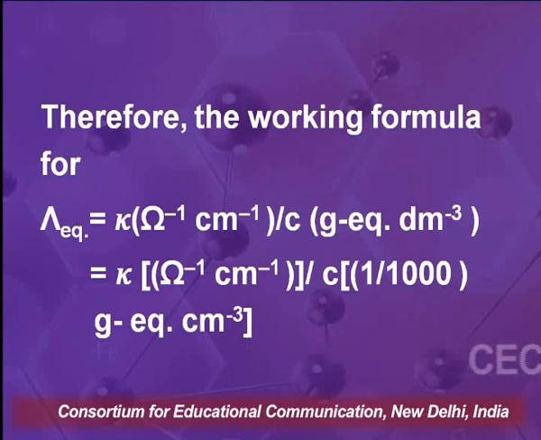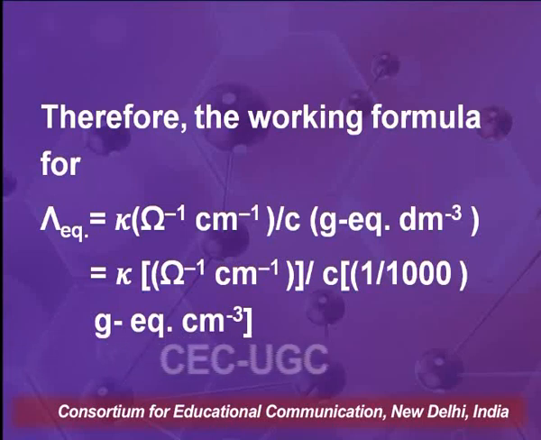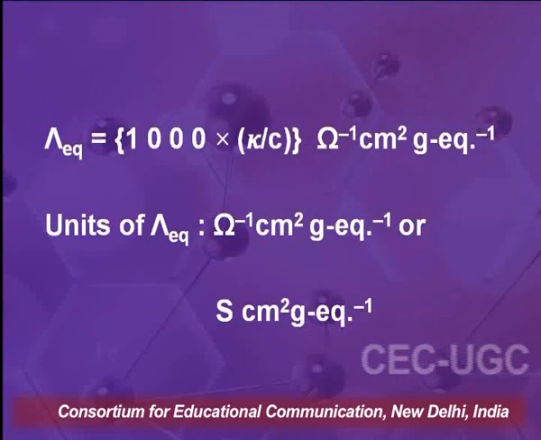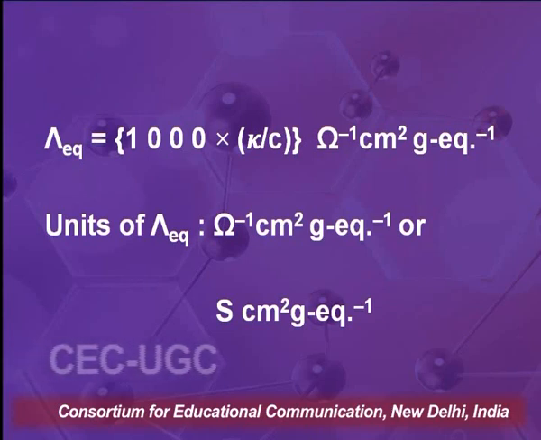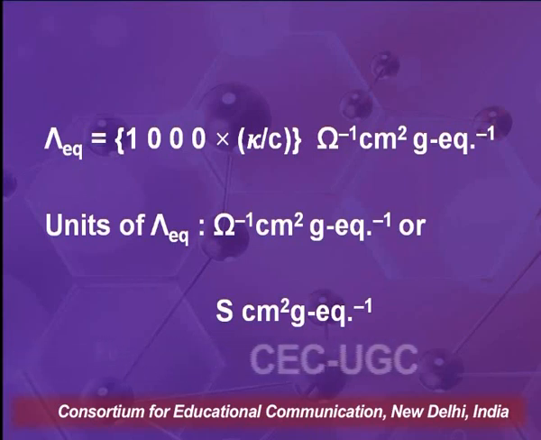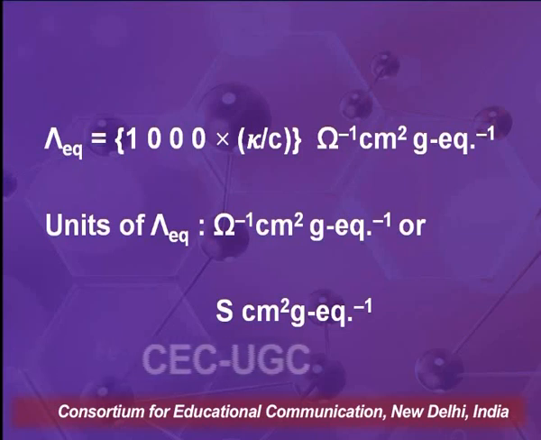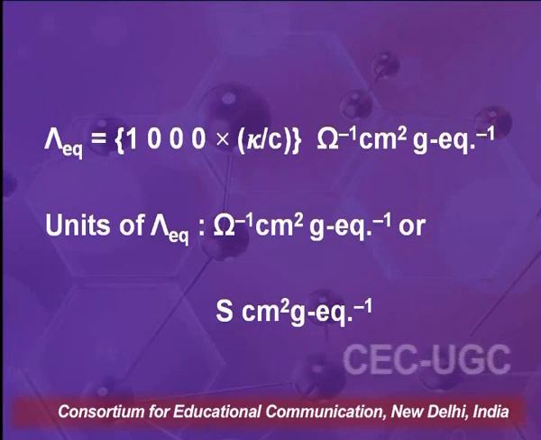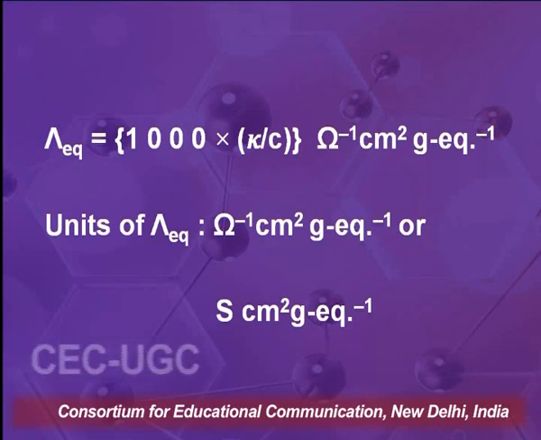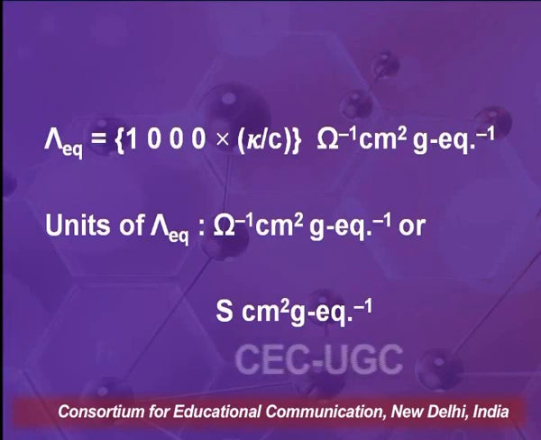When we convert the units into gram equivalent centimeter cube per centimeter minus 3, we get a factor of 1000 in the numerator. So we get lambda equivalent is equal to 1000 kappa by C, and units of lambda equivalent now are ohm inverse centimeter square gram equivalent inverse, and units of C which we have to substitute in this equation will be gram equivalent decimeter cube. 1000 factor is taking care of the conversion factor.